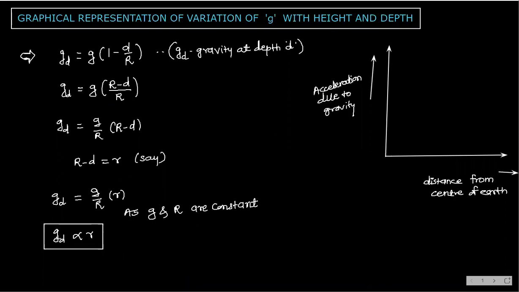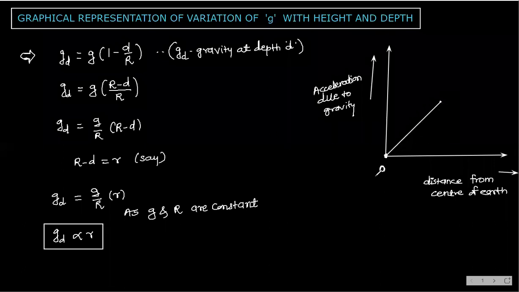Now we have seen, g_d is directly proportional to r, which means the gravity will increase with increase in r. If this is the center of the earth, this distance is 0. As you are going up and up from the center of the earth, gravity value will increase.